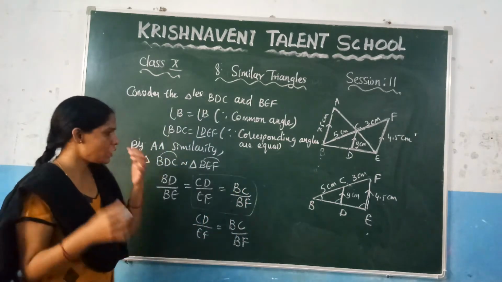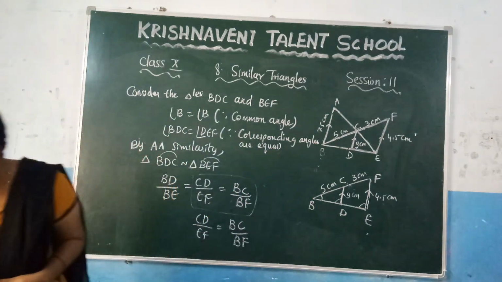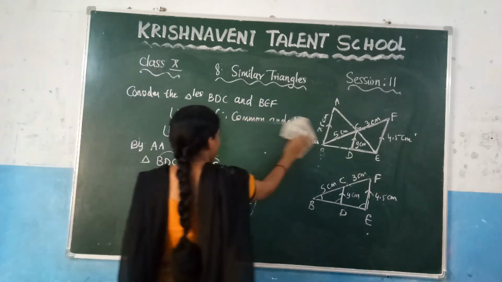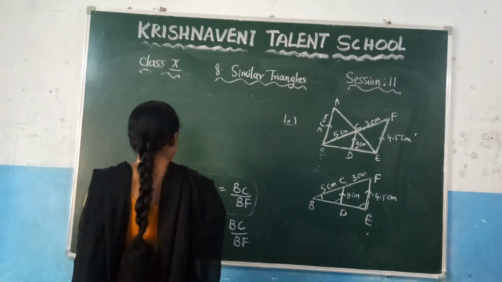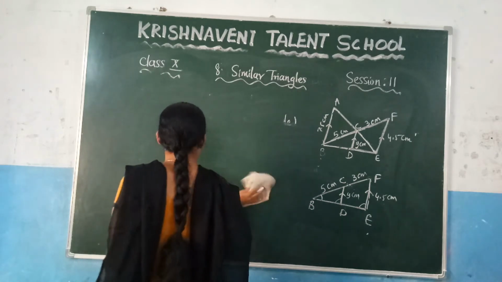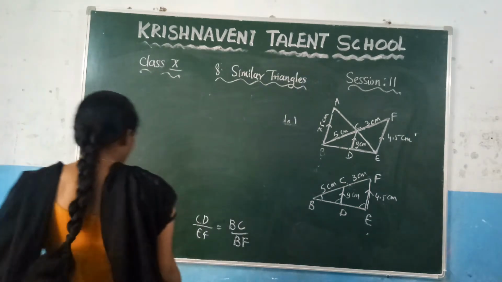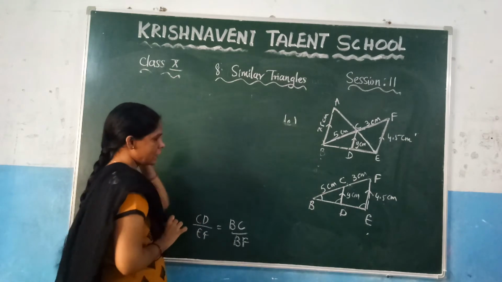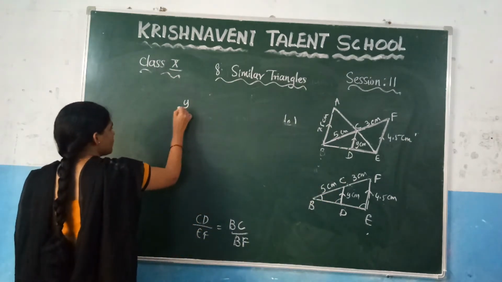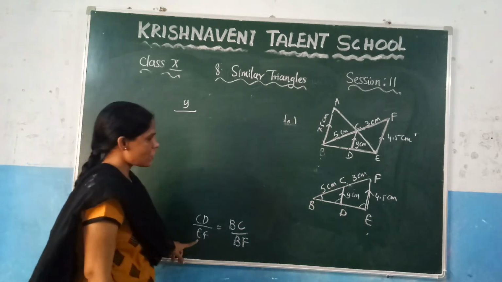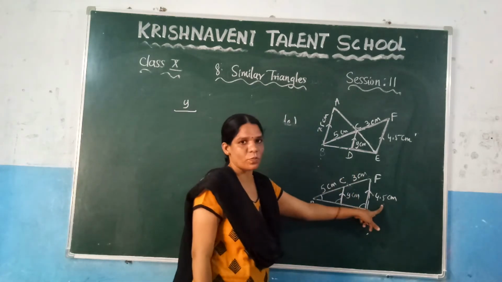Now apply the values you have known here. What is the length of CD? Y centimeters. So in place of that put Y, and after that what is the length of EF, which is 4.5.